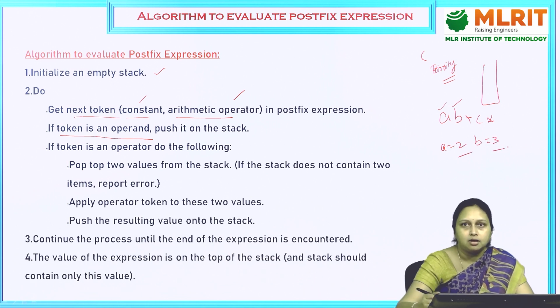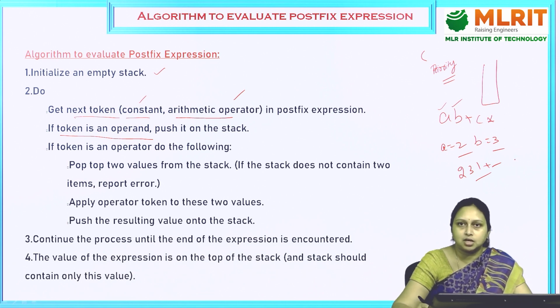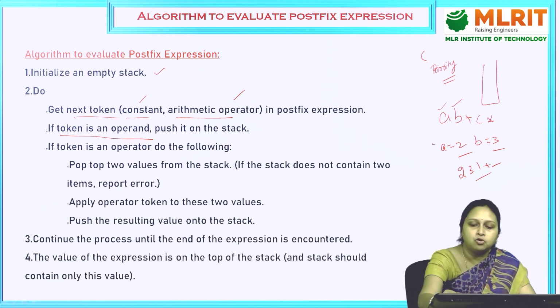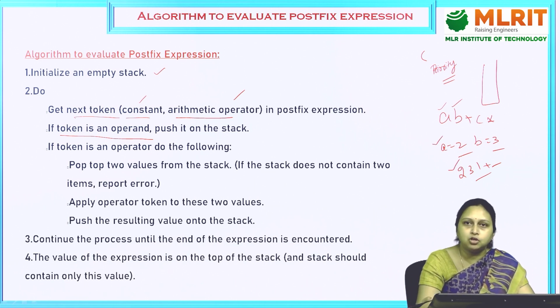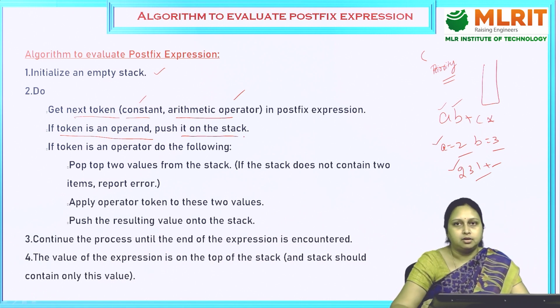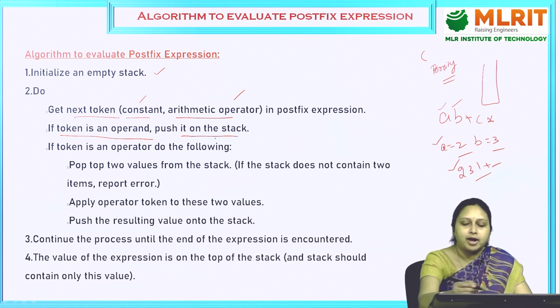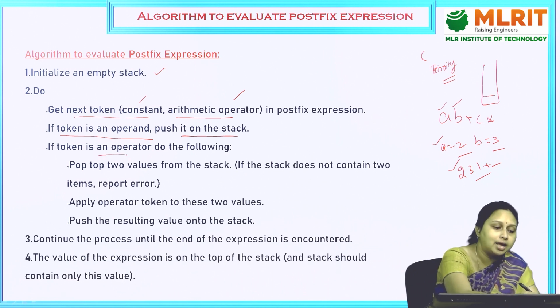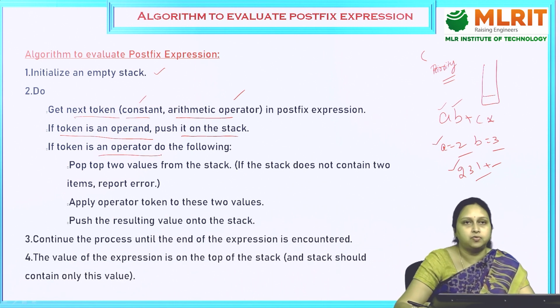Either the question is given in this way, or they directly give it like 2, 3, plus, minus, like this way they specify the expression. If you find an operand or a constant value, then you push it onto the stack. Getting it? If I find any constant value or operand, then we push it onto the stack. Then if you find a token as an operator, what are we going to do?